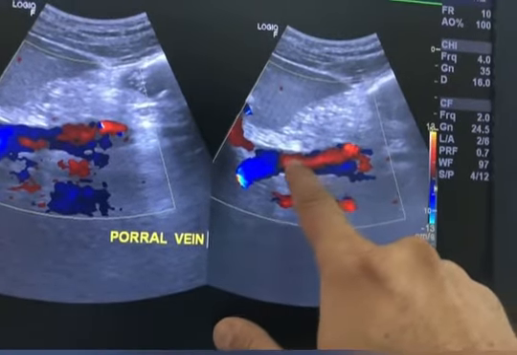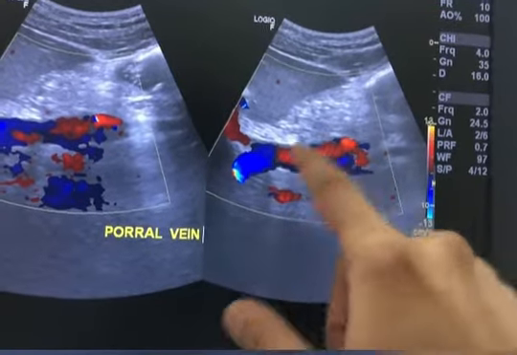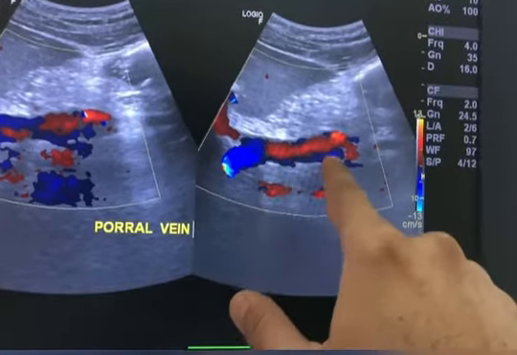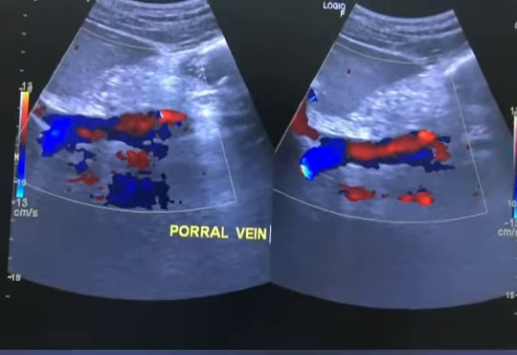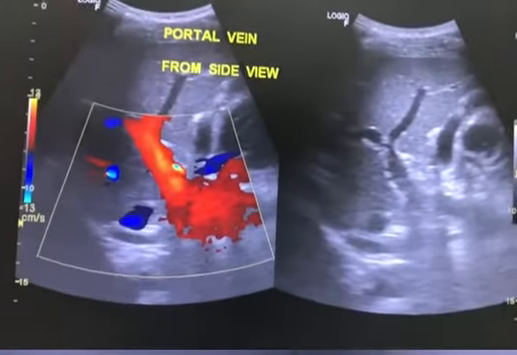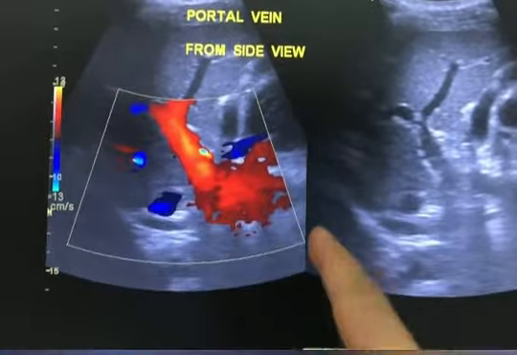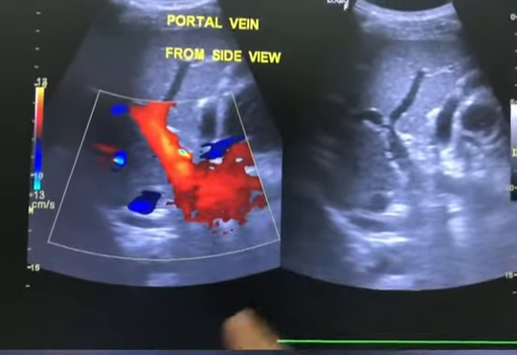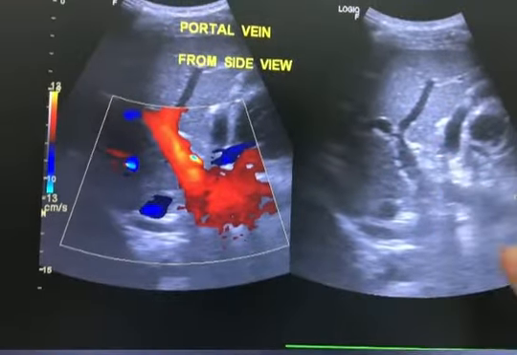This red color is showing that the flow is towards the probe, and here it is showing away from the probe. This is just a technical error, and I think this portal vein is showing forward flow. This is the main portal vein, and it is showing forward flow towards the liver.